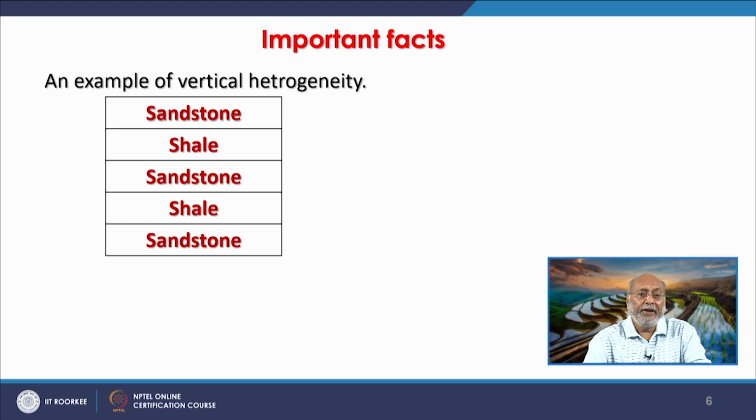If I take the example of vertical heterogeneity, these are the layers shown here: sandstone, shale, sandstone, shale, sandstone. This is a very common sequence of sedimentary terrain you can find in groundwater conditions. Sandstone is more favorable for groundwater flow, but shale is not, because in sandstone you have good porosity and good permeability, but in shale you might have good porosity, but you may not have permeability. So, vertically these are heterogeneous.